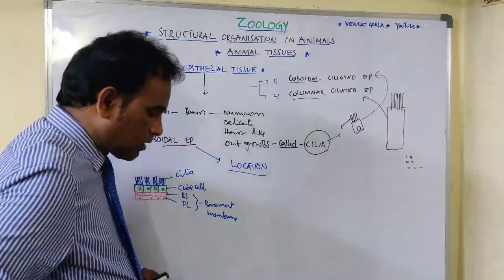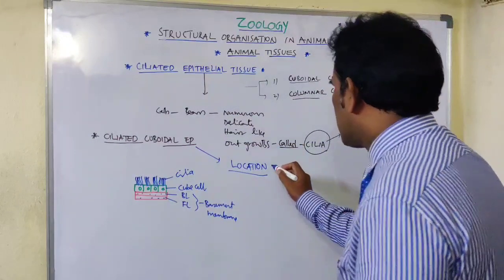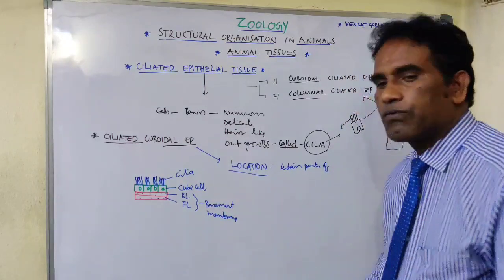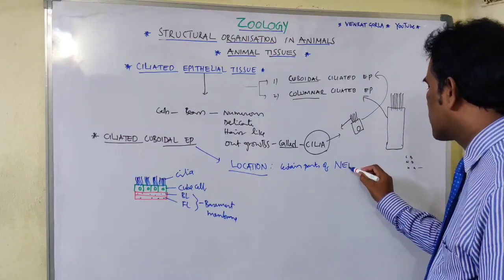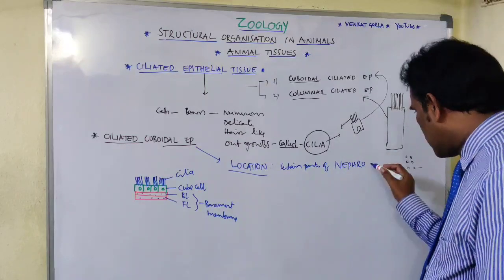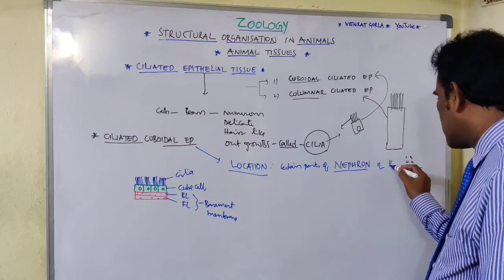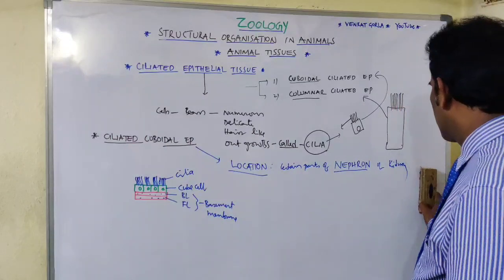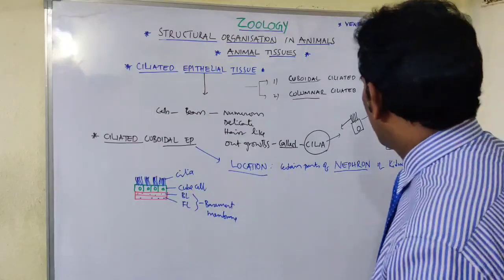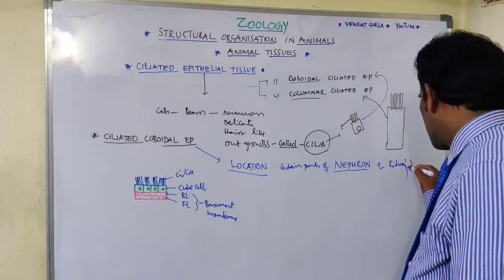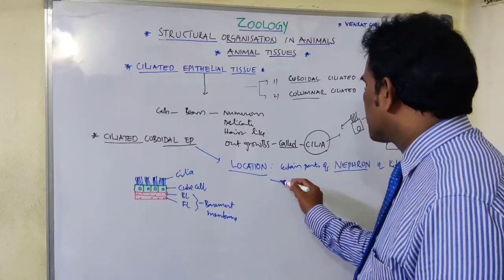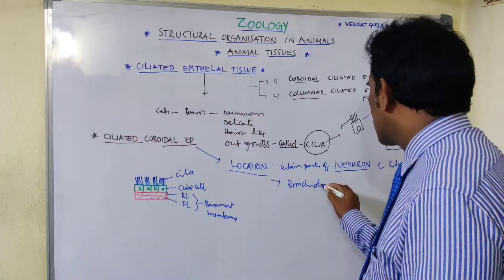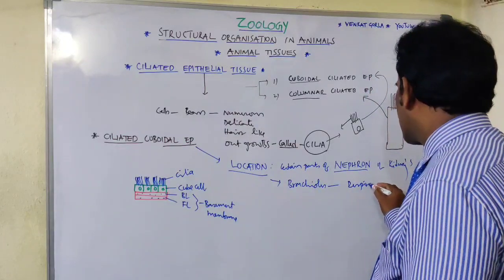Cuboidal ciliated epithelial tissue is present in certain parts of the nephrons of the kidneys, and also in the respiratory tract, that means the small bronchioles.